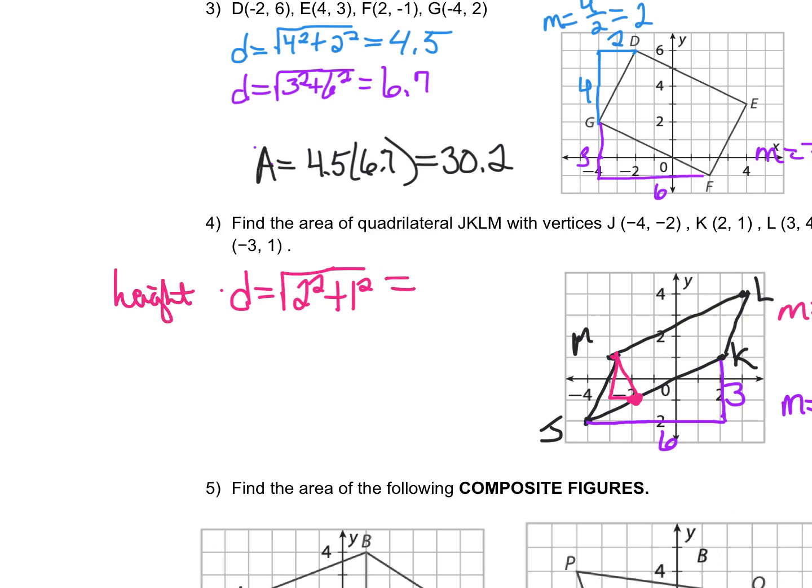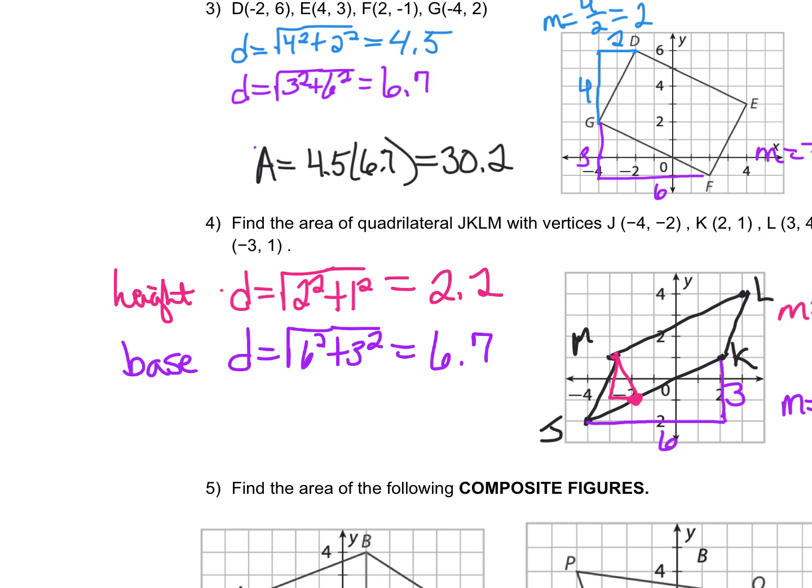The square root of 5, 2.23. And then the distance of the base, 6 squared plus 3 squared, is 6.71.